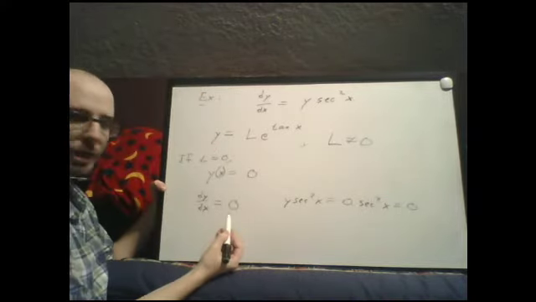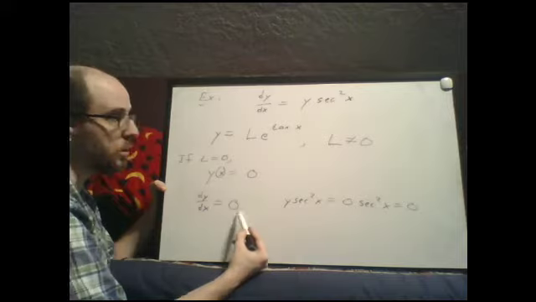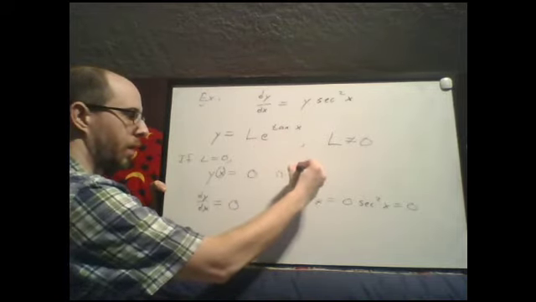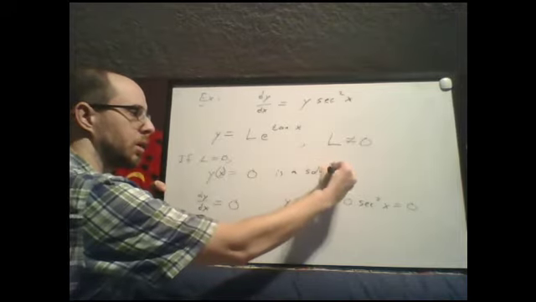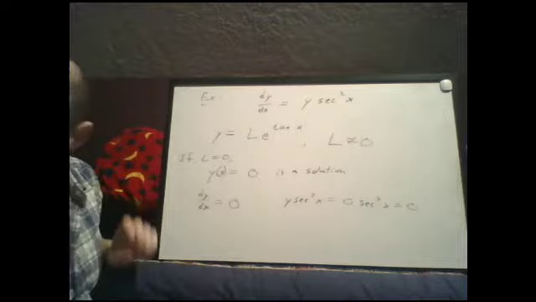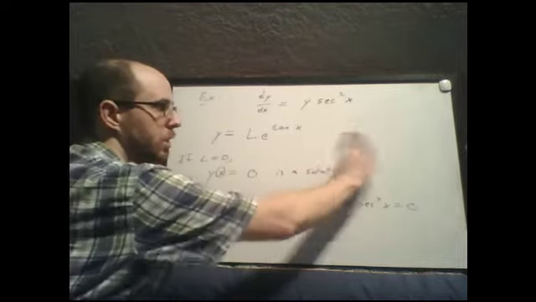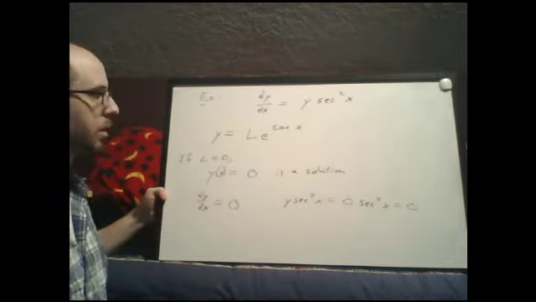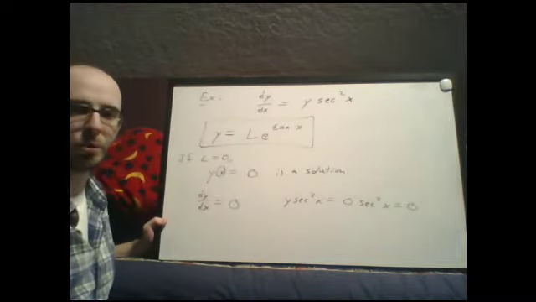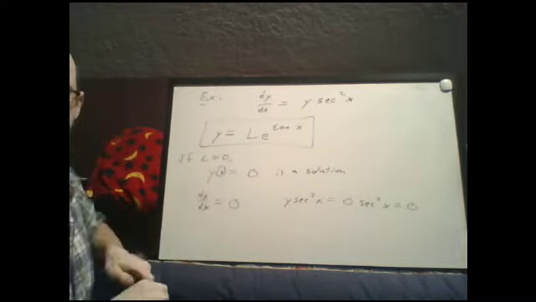So dy over dx and this expression both equal 0, so they're equal to each other. So this is a solution. My general solution to this differential equation, I don't have to exclude the case where L is 0. My general solution is every function of this form where L can be any number.